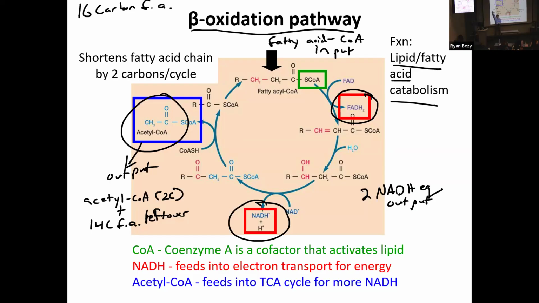You get 2 NADH equivalents, an acetyl-CoA, and a 12 carbon fatty acid. The 12 carbon fatty acid just goes right back into the beta oxidation pathway. And what the beta oxidation pathway does is tear apart fatty acids 2 carbons at a time. It breaks off 2 carbons in the form of acetyl-CoA, and then it generates more NADH. Questions about that? So that's actually going to generate quite a bit of energy for the cell.